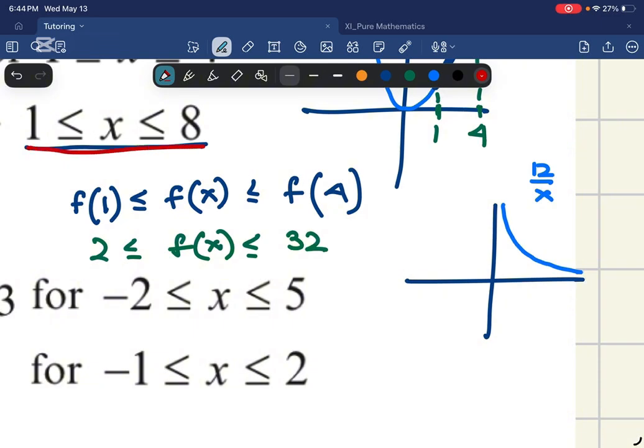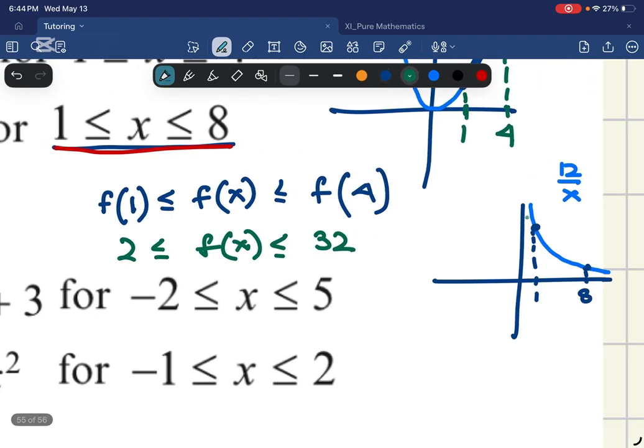So this is enough. You put in x equal to 1, you get a high output. You put x equal to 8, you get a low output. And this is a continuous function here, right? You don't have to pick up your pen. So your output range is going to be within these green values.